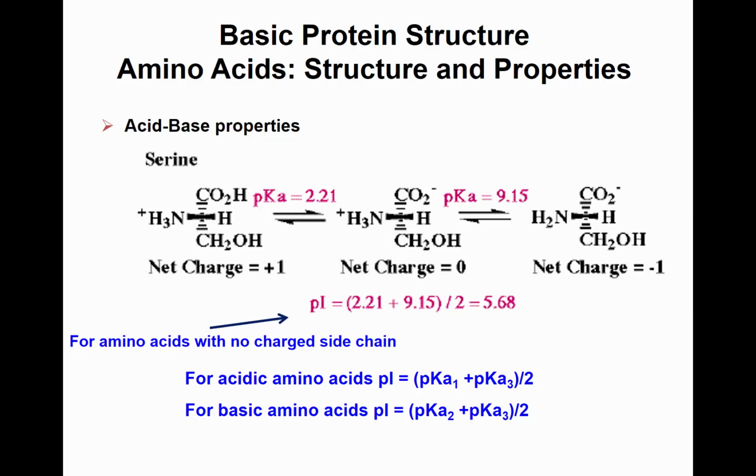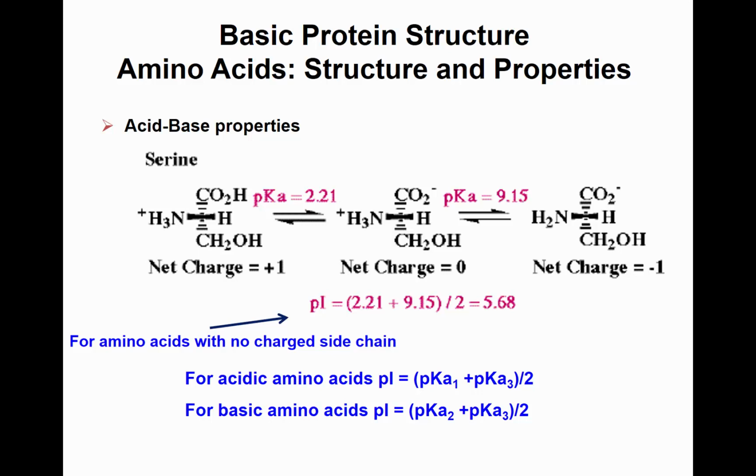At pKa 9.15 you have equal concentration of NH3 plus to NH2. So you have equilibrium here and equilibrium here. If you want to calculate the isoelectric point where you have net charge of 0, you would add pKa1 plus pKa2 divided by 2, and you get the pI. That's the standard way of calculating pI.